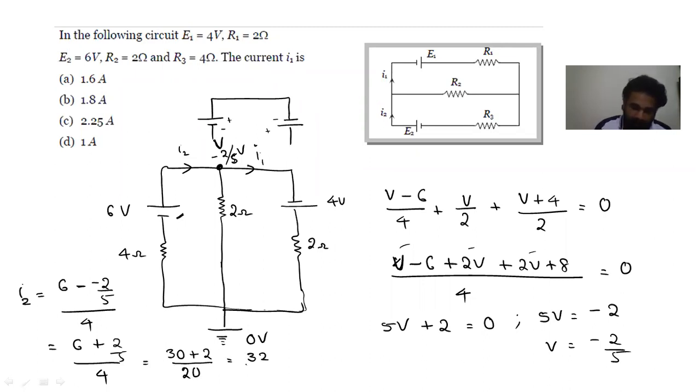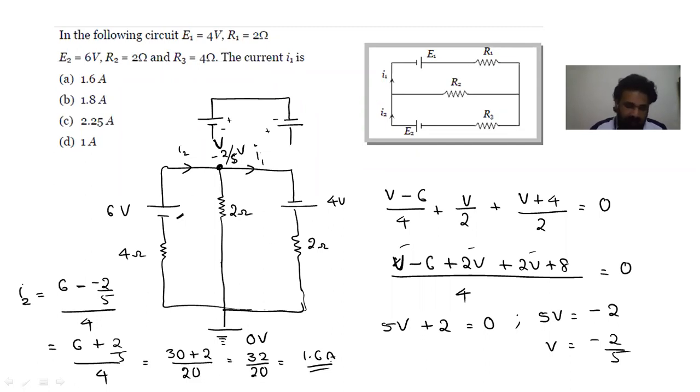So 32 divided by 20 gives 1.6 ampere. So current I2 is 1.6 ampere.